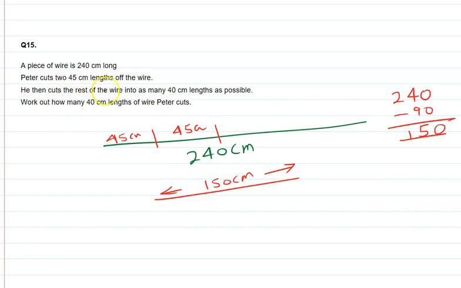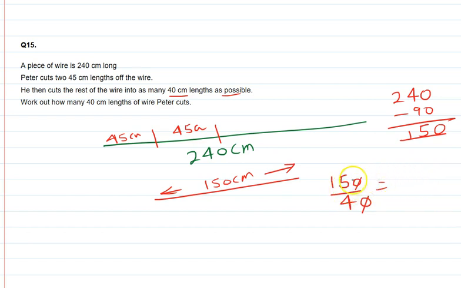Now he then cuts the rest of the wire into as many 40 centimeter lengths as possible. Yeah, so how many lengths are possible? So what we are going to do now, we'll divide 150 centimeters by 40 centimeters, so 0 and 0 cancel, 15 divided by 4.